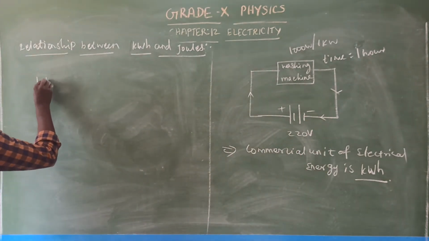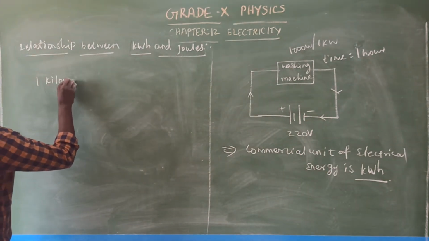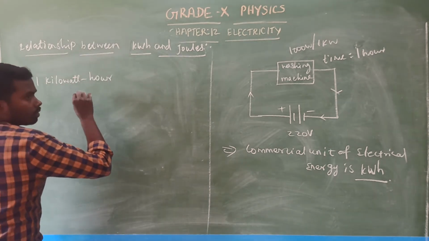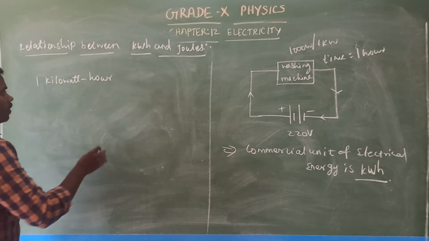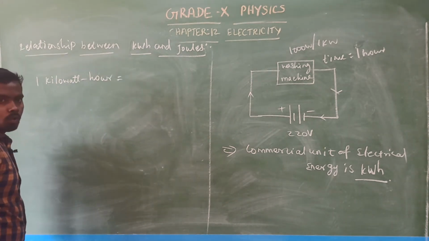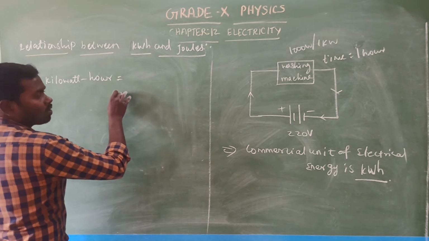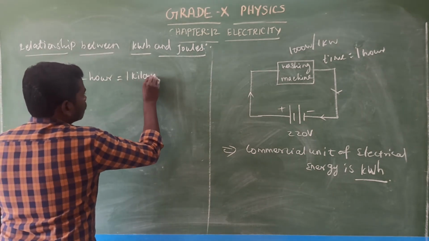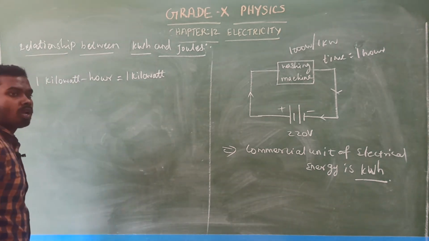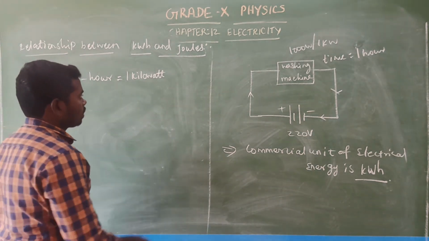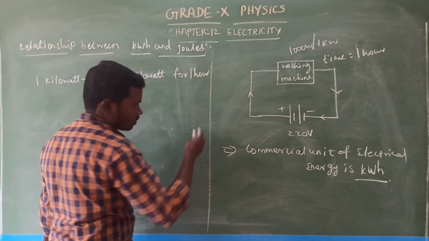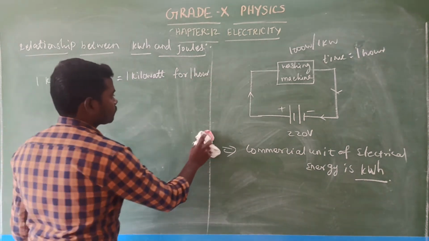1 kilowatt hour is equal to 1 kilowatt of electrical appliance used for 1 hour. Am I right? Yes, 1 kilowatt for 1 hour.